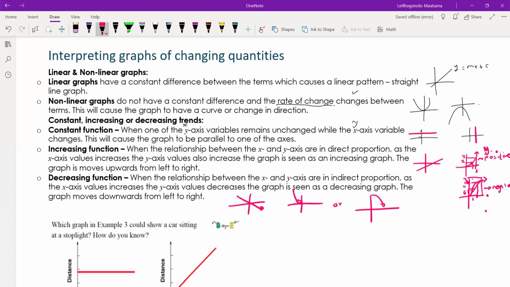So we can clearly see that our x values are increasing in that direction, but our y values are decreasing. Even here, we see x as we go towards the right is increasing, but our y values are decreasing.